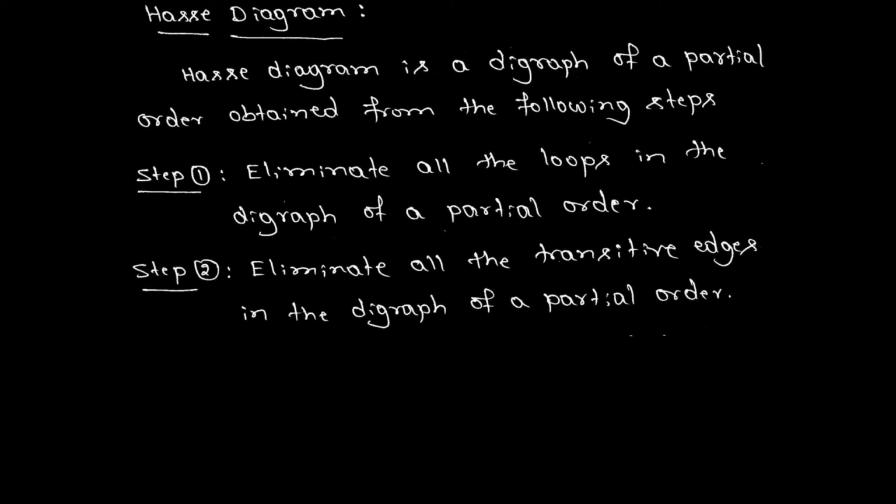Second step says eliminate all the transitive edges in the digraph of a partial order.